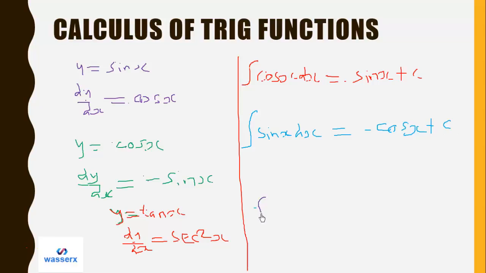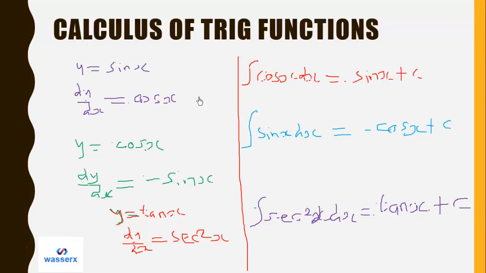Now if you integrate sec squared x dx, it means what did we differentiate to get sec squared x? And that is tan x plus c as the constant of integration.